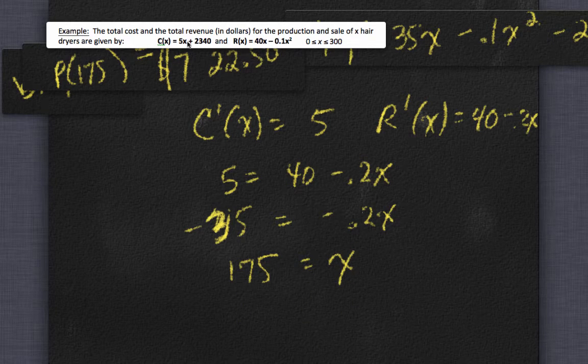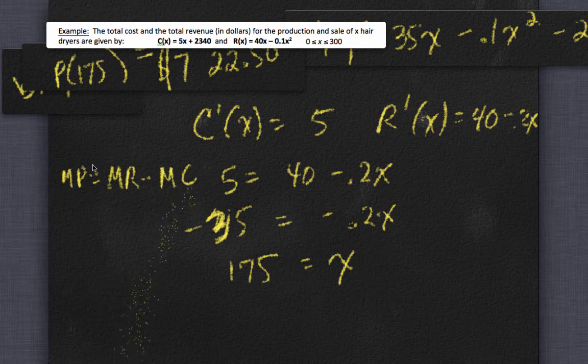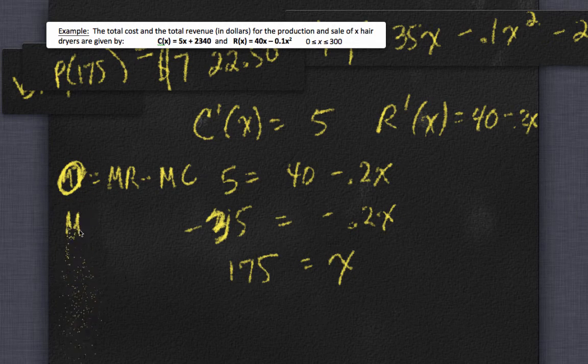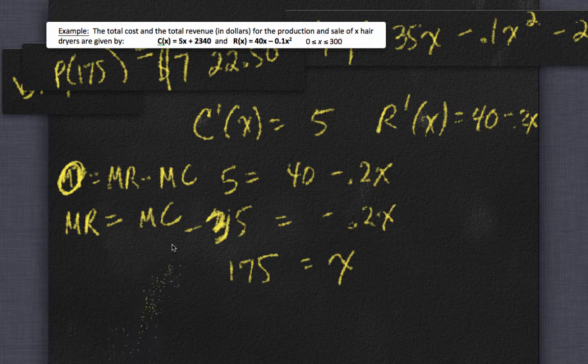So the point is that because profit was revenue minus cost, then marginal profit was marginal revenue minus marginal cost. So if I set marginal revenue and marginal cost equal to each other, then that's the same thing as setting marginal profit equal to 0. If marginal profit is marginal revenue minus marginal cost, which it is, then setting this equal to 0 is the same as moving that marginal revenue over and setting it equal to marginal cost. So you get that same x value is the point.